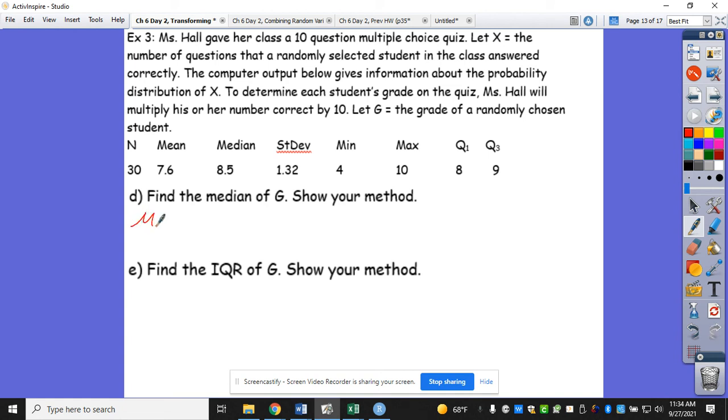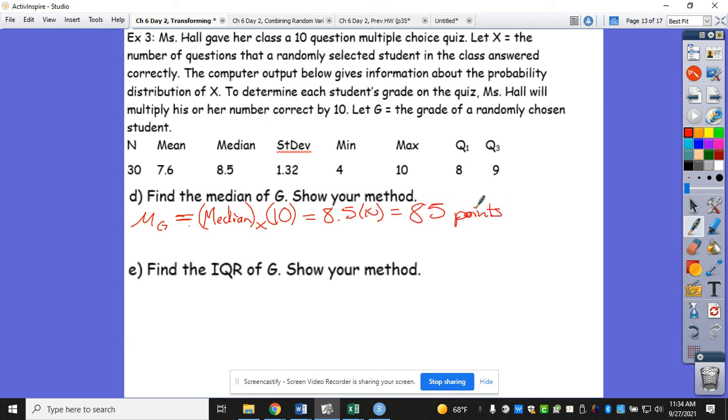So mu of g, I'm just writing this really quick, equals mu of x times 10. Our median. There's no symbol for median. Some books try to use something, but there's no overall one. The median of x was 8.5. 8.5 times 10 gives us 85 score, 85 points, whichever way you're writing it.